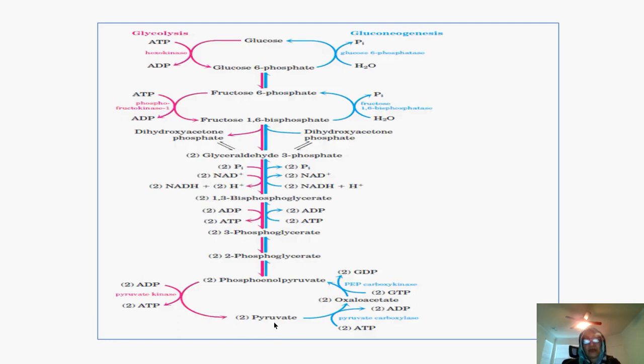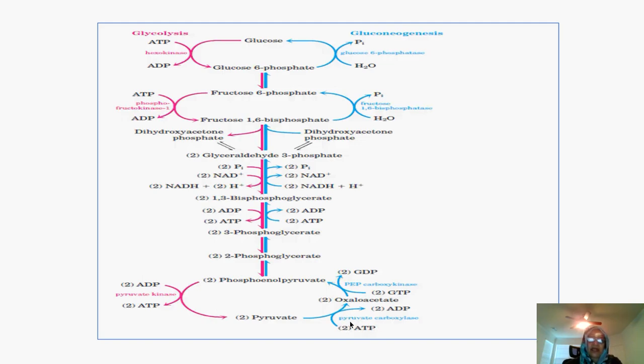We have to go from pyruvate to phosphoenolpyruvate in 2 steps. The first step is in the mitochondria. So remember, again, we have to be in cells that have mitochondria, and liver cells, of course, or hepatocytes, have those mitochondria.